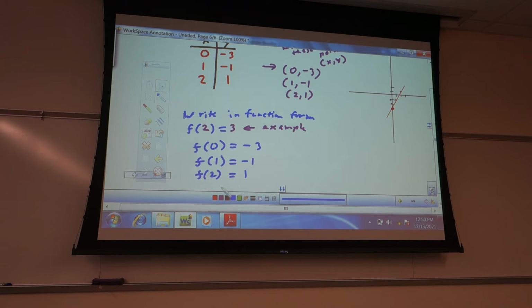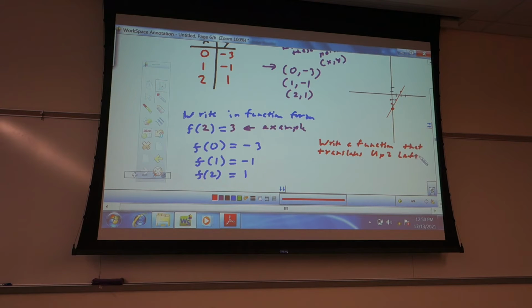Okay, great. And the last thing is write a function that translates up 2 and left 4.